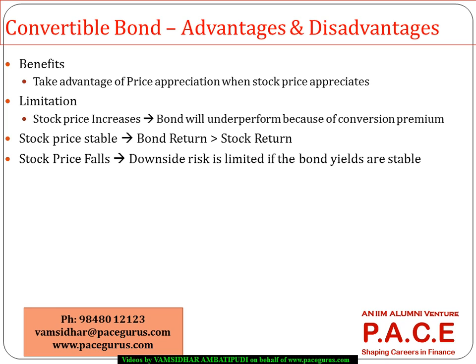But any kind of fall in price, I am shielded from the downside because I can continue as a bond. So from that dimension, people look at going ahead with a convertible bond instead of investing directly in the stocks, right?